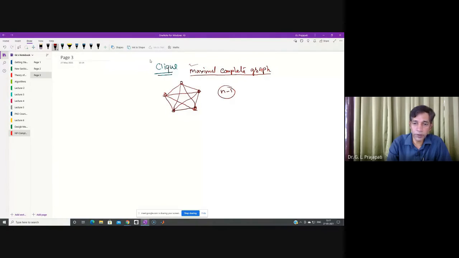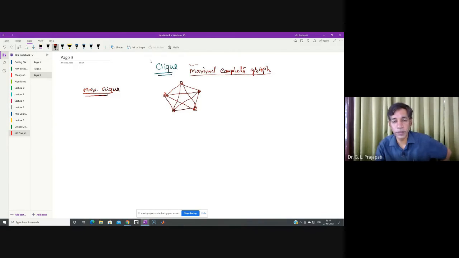So what is the problem actually? We have the max Clique problem. The max Clique problem is to determine the maximum size clique available in the given graph.